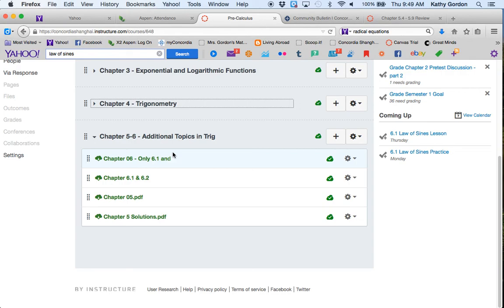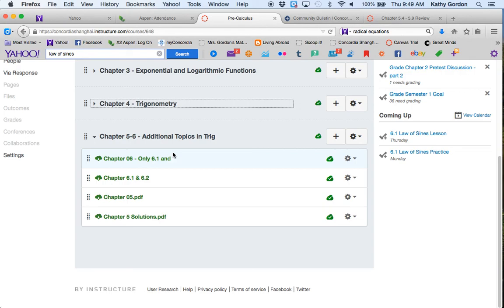This is the chapter 6 textbook. These are the solutions. This is the chapter 5 textbook. These are the solutions. Okay? So those are all there, but I need to get your assignment up for you. So I'll do that in the next 10 minutes because I have a prep period next. I think it's actually in there. I just don't think I pulled it into the module yet. So I'll get that posted for you.